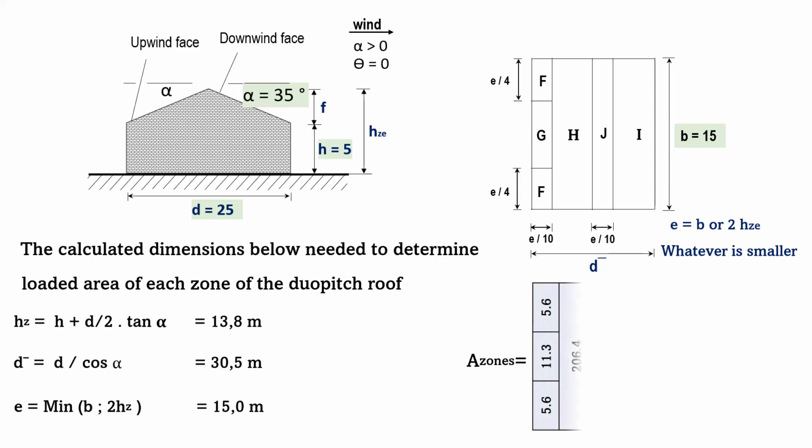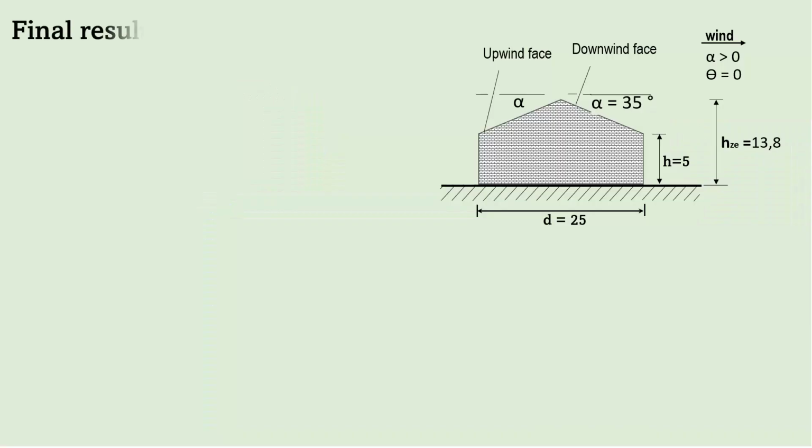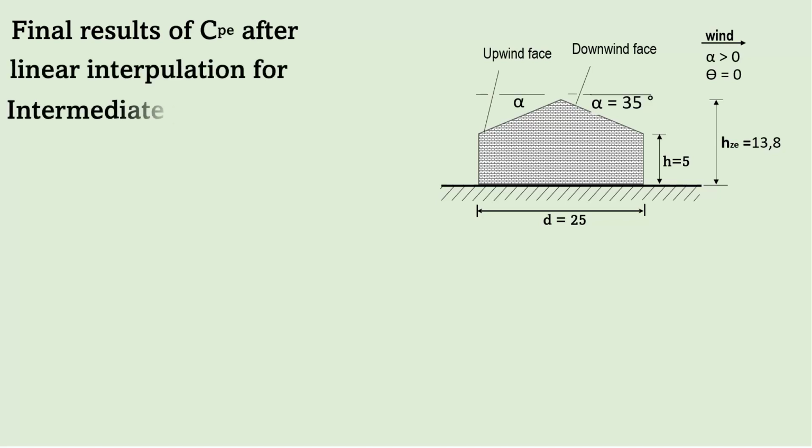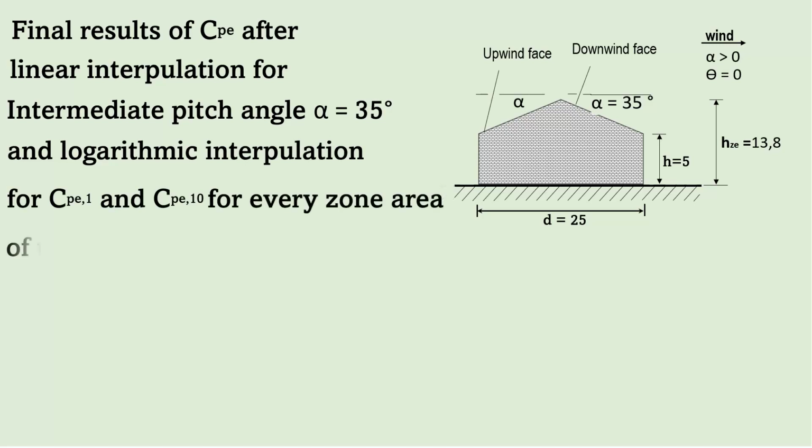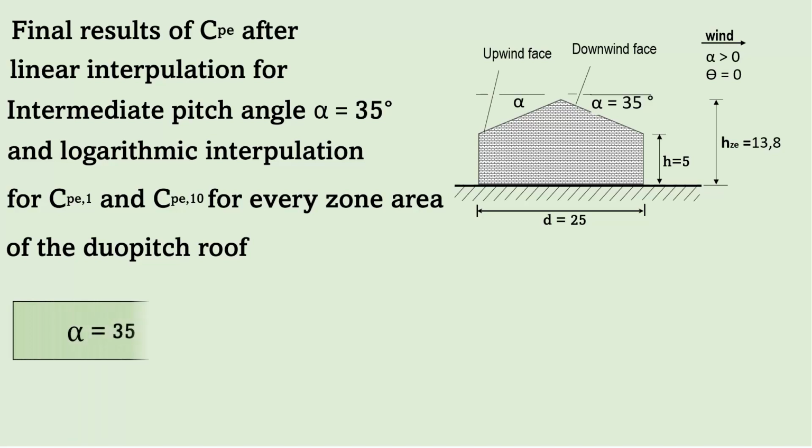Area of each zone is calculated from the given dimensions: alpha 35 degrees, H 5 meters, depth of the building 25 and width of the building 15 meters. Here are the final results of CPE after linear interpolation for intermediate pitch angle alpha, here 35 degrees, and logarithmic interpolation for CPE1 and CPE10 for every zone area of the duopitch roof.